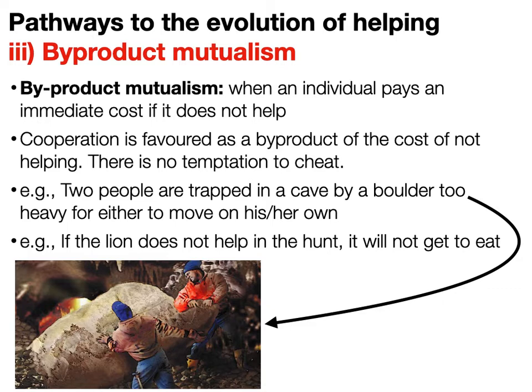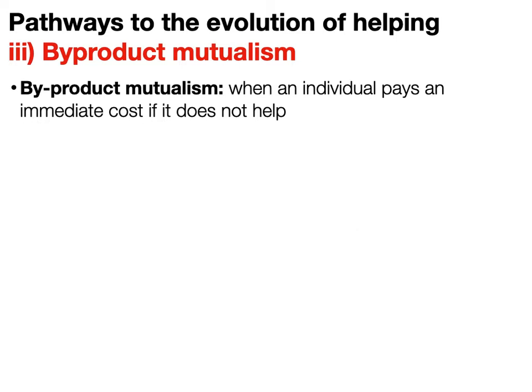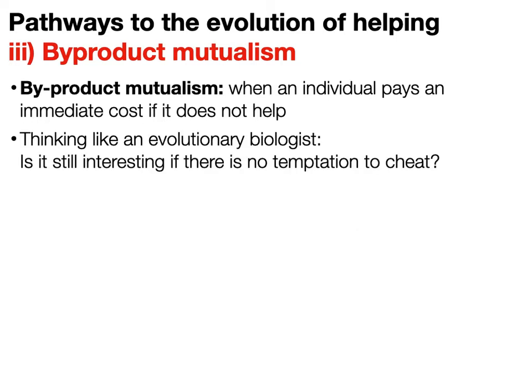Some people say byproduct mutualism is not really cooperation. And so the question is, is this still interesting to evolutionary biologists if there's no temptation to cheat? Well, I'm interested to know what you think. I think it is still interesting.